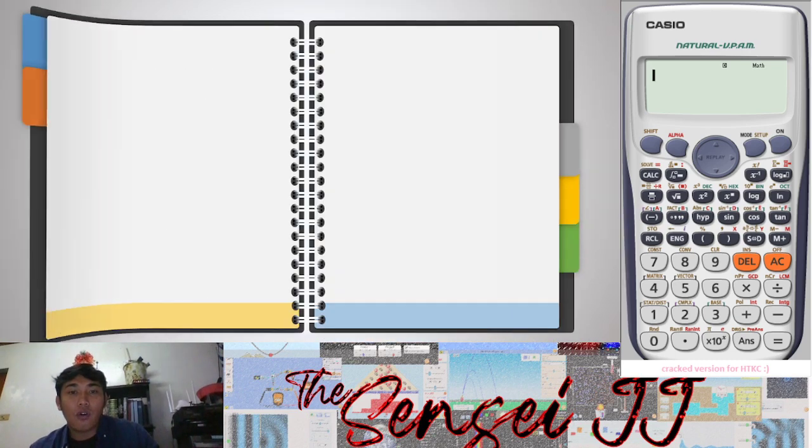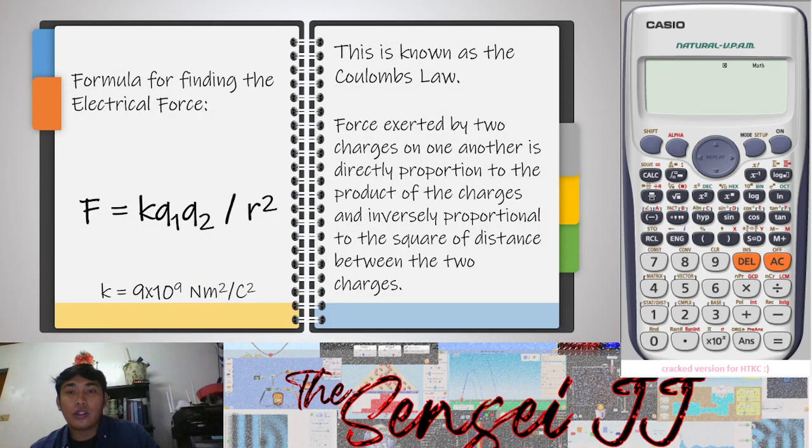Okay, force exerted by two charges on one another is directly proportional to the product of the charges and inversely proportional to the square of the distance between the two charges. So meaning, when it comes to electrical force, there should always be two charges. Okay, electrical force F has two charges, Q1 and Q2.